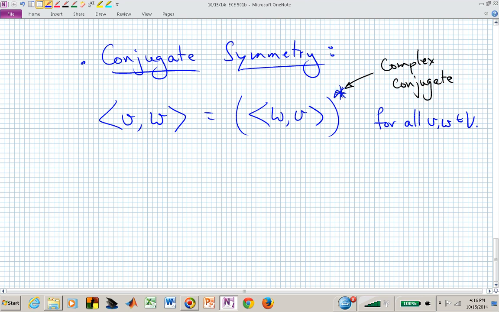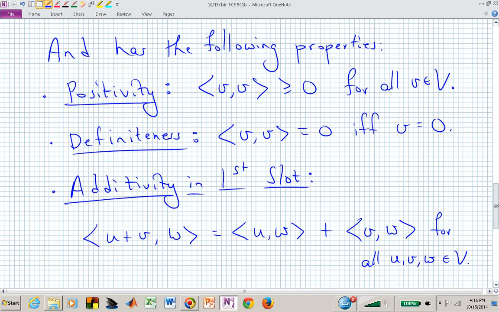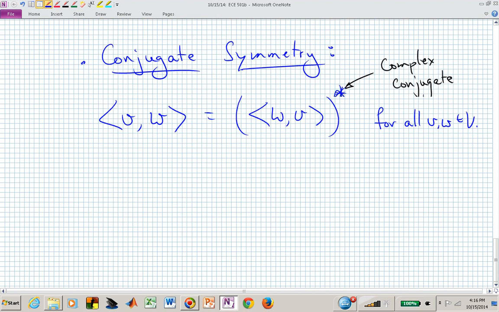That non-negative number is a real value, meaning if your vectors were complex, and depending on how you've defined your inner product, if you weren't conjugating things in the definition of your inner product, you could end up with complex numbers coming out of your inner product, and that's not what you want in terms of satisfying this positivity relationship. This is greater than or equal to 0. So hopefully we'll feel a little bit more comfortable with it when we look at some examples.